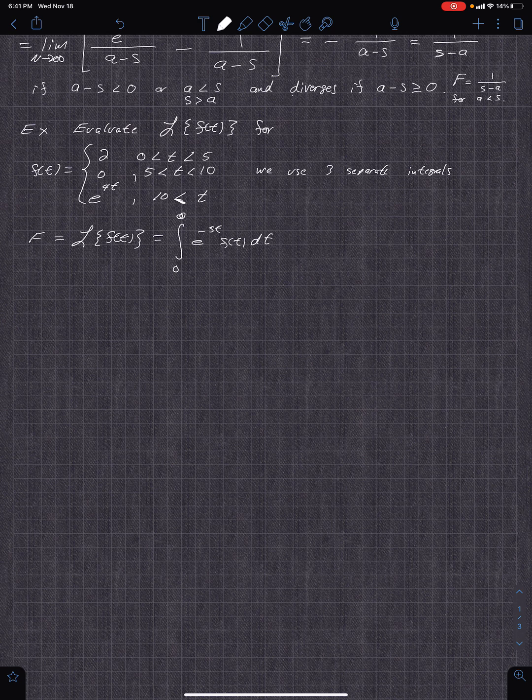But the f of t will be those different cases, and those endpoints won't matter. These endpoints don't matter for an integral. So you're basically adding area right up to that line, but that one individual line doesn't matter. So try this one, see what you get. I'm going to show you the solution here in a second. Okay, where'd it go? There it is.